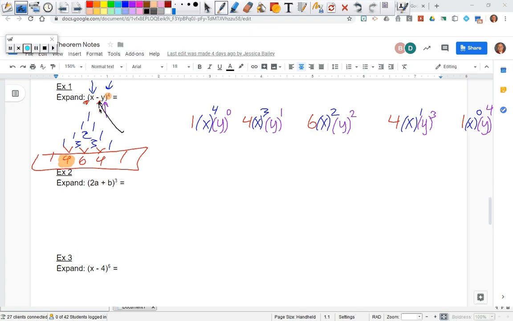Okay, here we go. If this sign right here is a subtraction, then it'll alternate: positive, negative, positive, negative, positive, always starting with positive.